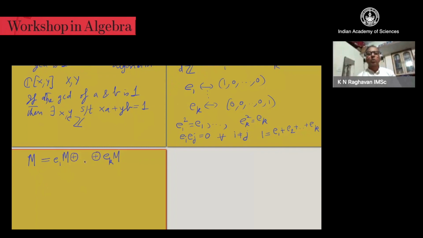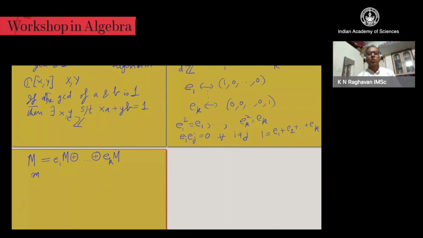Now this is very easy to prove. For example, you give me an M, how do I write it like this? Well, that just follows from this. Multiply by M, get M is equal to E1M plus E2M plus EkM, right? And so that's obvious. Why is this a direct sum? That follows from this, and so on. So this is very easy to prove.